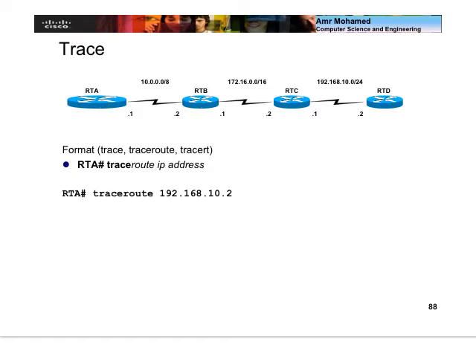So the idea here is that traceroute performs ICMP requests and responses. We said that ICMP is encapsulated into IP directly, right?